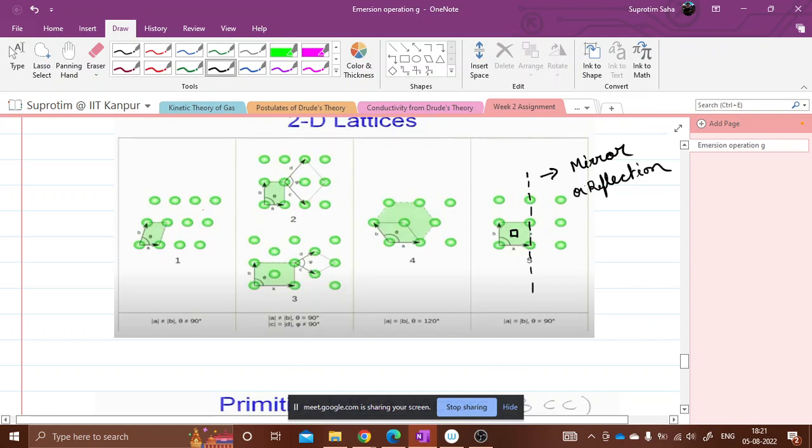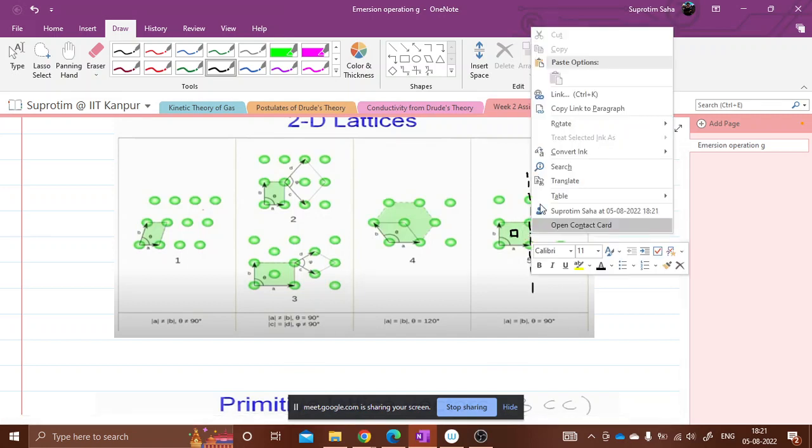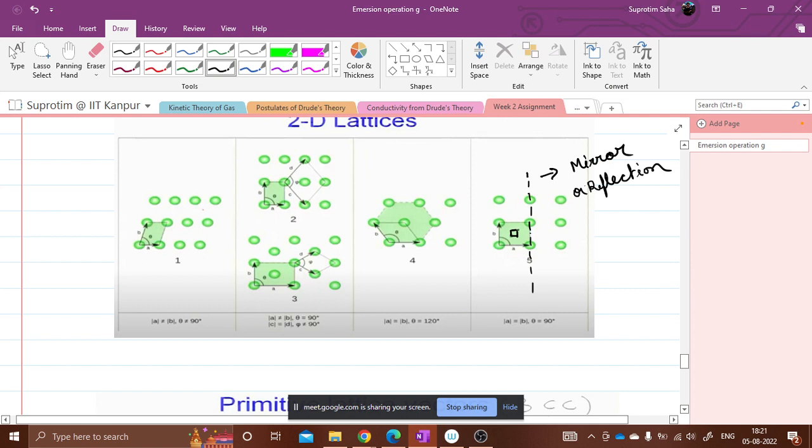Along these points, these are twofold. Of course, for fourfold you can always have twofold symmetry, but along these lines also you can have this twofold symmetry, and these are rotational symmetries.